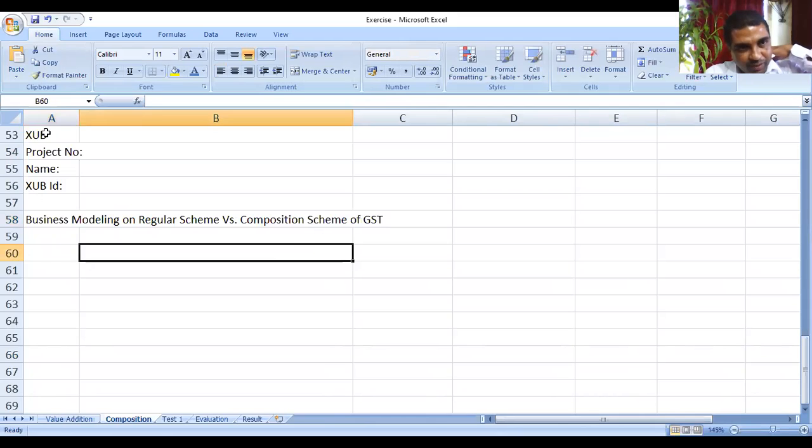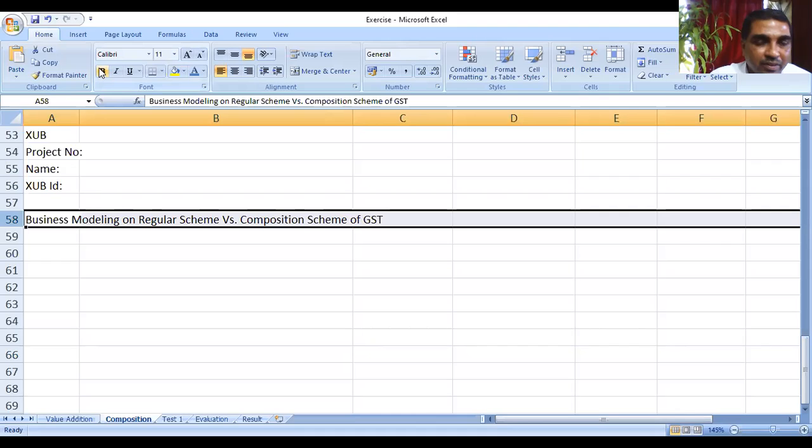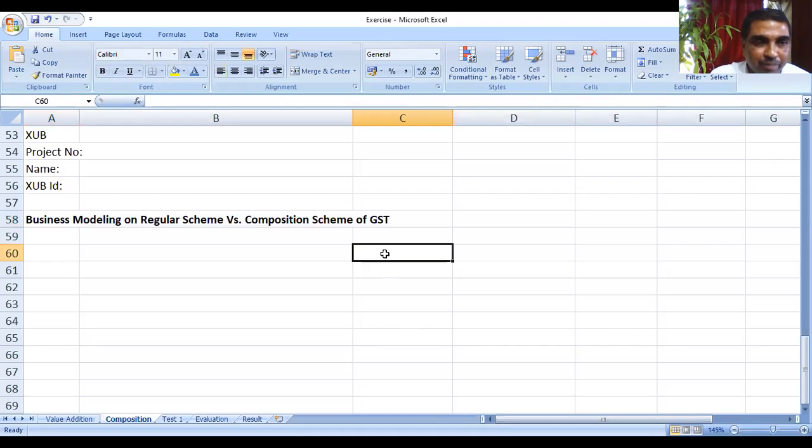I'll show you one sample model. You may improve it in your own style. Try to do something better than what I am doing here. You can also take a photograph of this screen so that it helps you make the project.